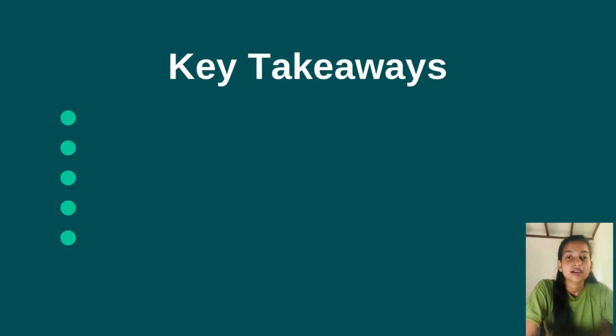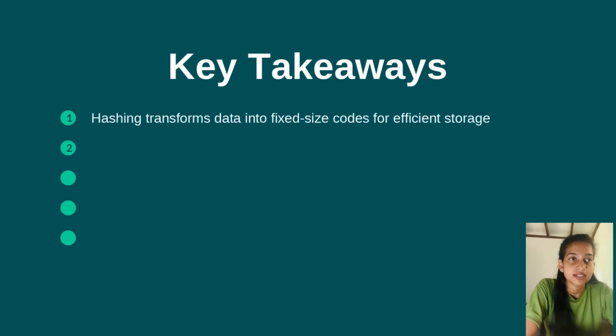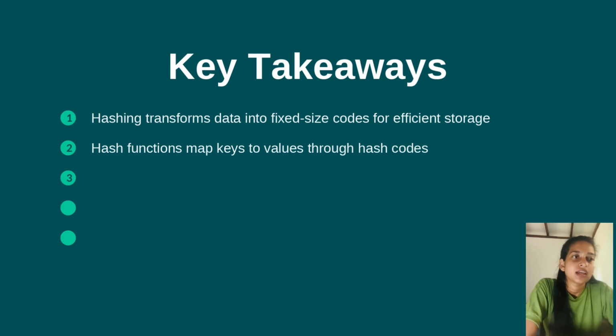Alright, let's wrap this up with the 5 key takeaways you need to remember. First one, hashing transforms data into fixed size for efficient time. Second one, hash functions map keys to values through hash codes. It's that simple bridge.